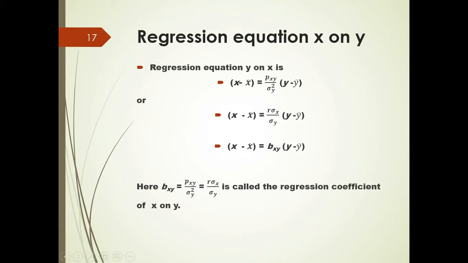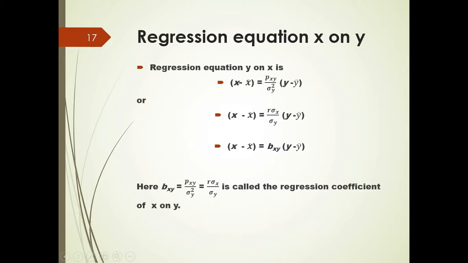So that is written here: x minus x bar equal to r sigma x by sigma y into y minus y bar, or x minus x bar equal to bxy into y minus y bar, where bxy is r sigma x by sigma y. And here bxy and byx are called the regression coefficients.